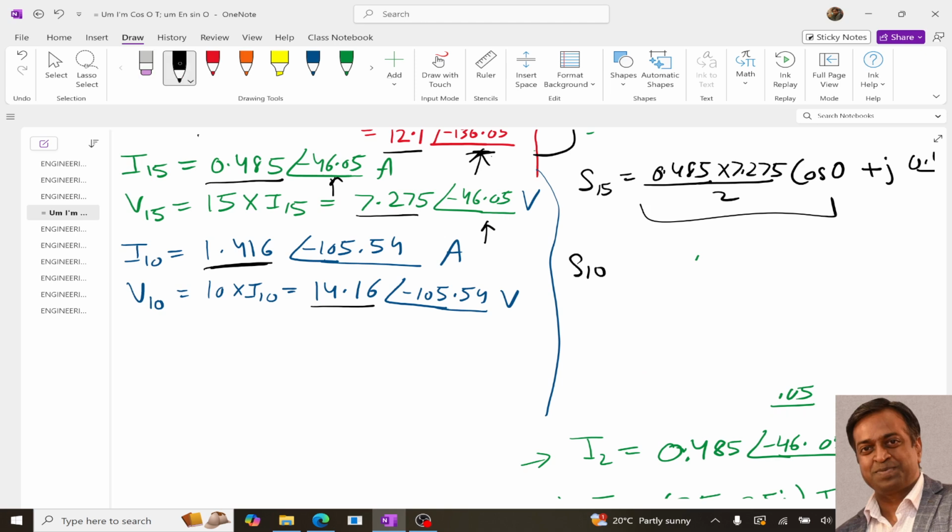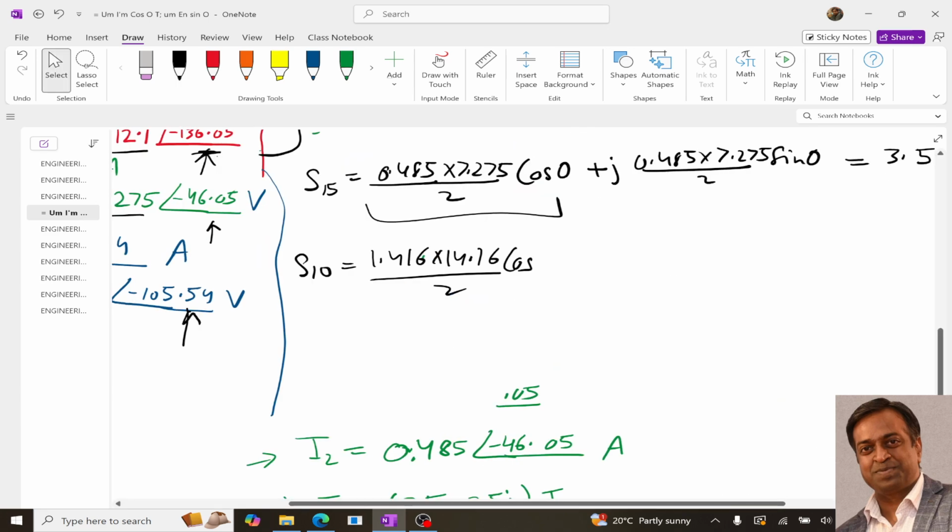And the last one, the 10, over here S10, again Im and this is Vm. So 1.416 into 14.16 upon 2 cos. Now the angle, because it is the resistance, the angle between the voltage and the current is 0.